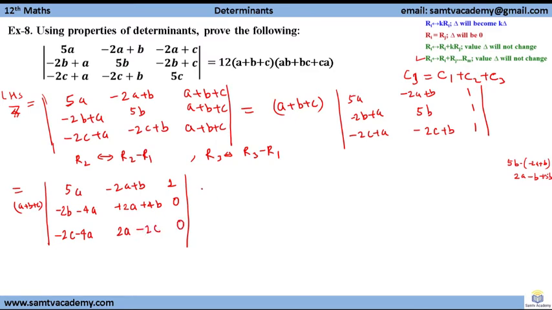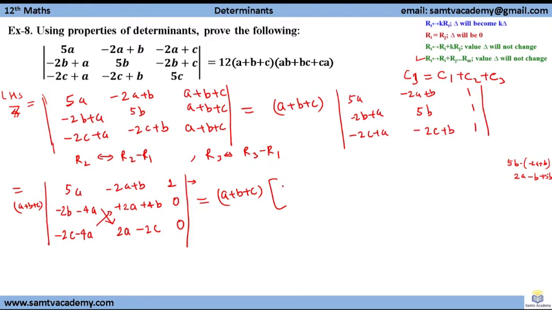Now we can expand this along r1, with signs positive, negative, positive. So a + b + c is there, and we have to multiply these two.